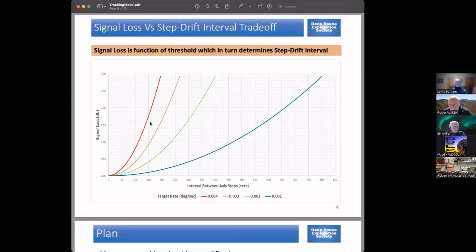But in any case, we could allow the operator to specify a threshold. In the software, we do allow them to specify frequency, and it could compute the signal loss for that threshold also. He could set the threshold to whatever and then see how much he's going to be penalized or not in signal loss.